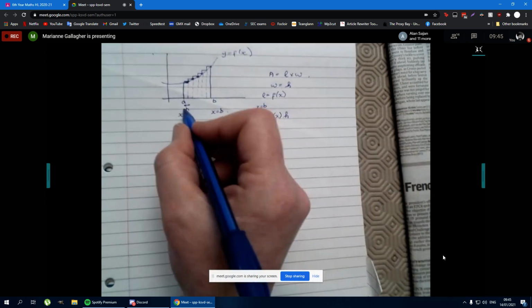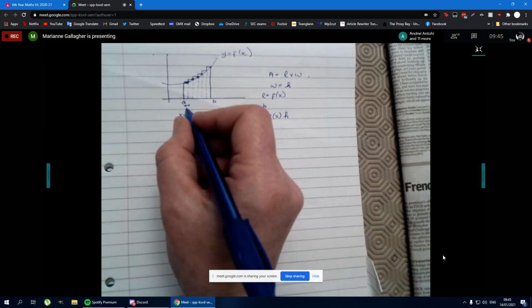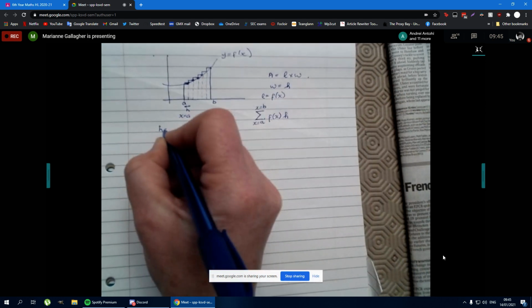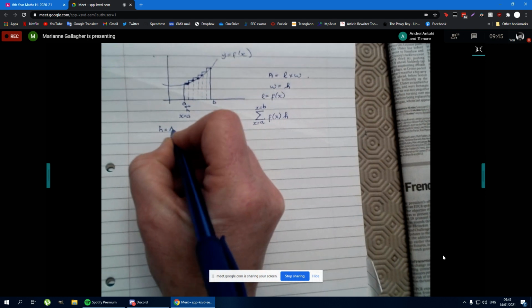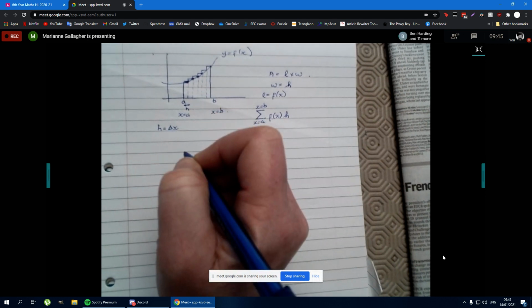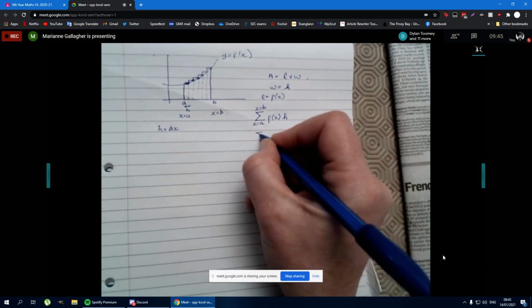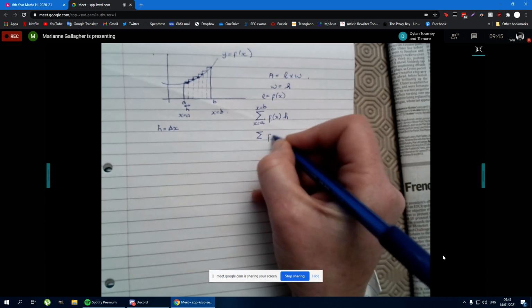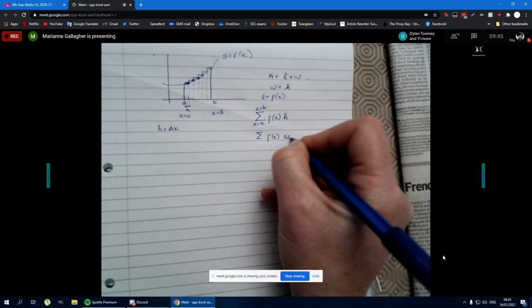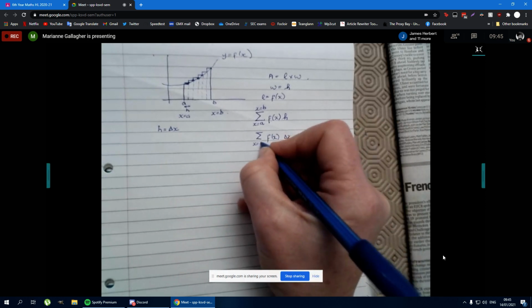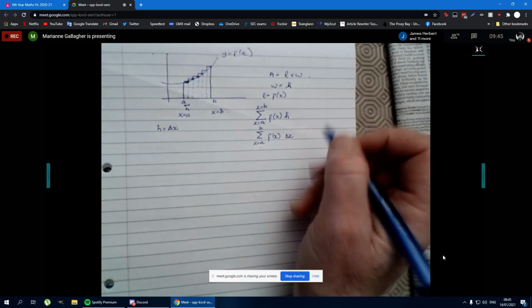And when you look at h, it's basically the change in x, so h is equal to what we could call delta x. So we've got the sum of f of x times delta x from a to b.